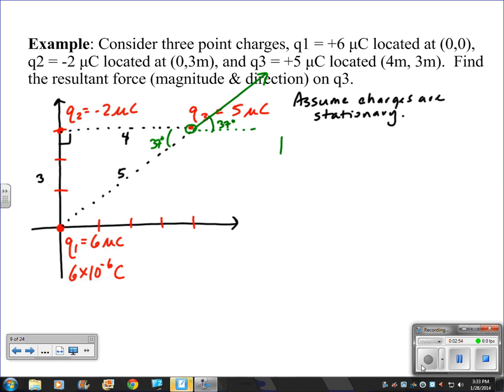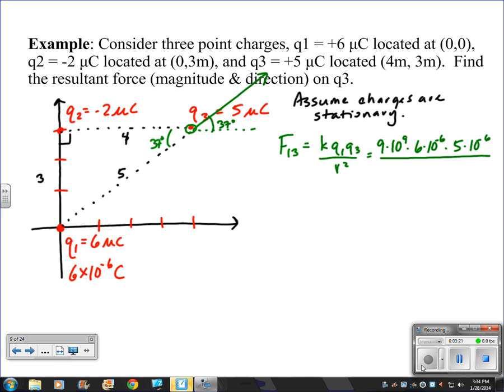So the force between charge 1 and charge 3, I can calculate using Coulomb's law. So K is 9 times 10 to the 9th. Q1 is 6 microcoulombs, that's 6 times 10 to the negative 6th. Q3 is 5 microcoulombs, that's 5 times 10 to the negative 6th.